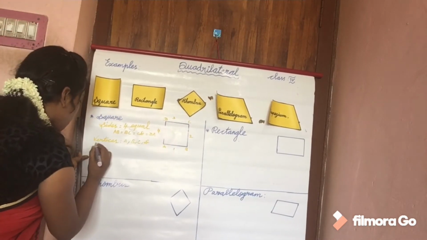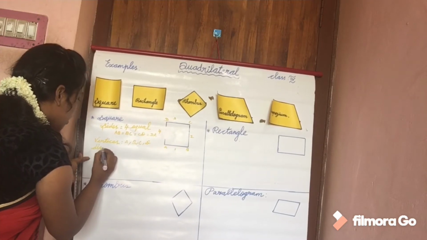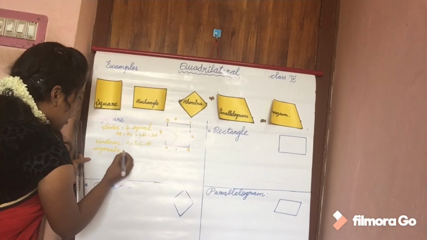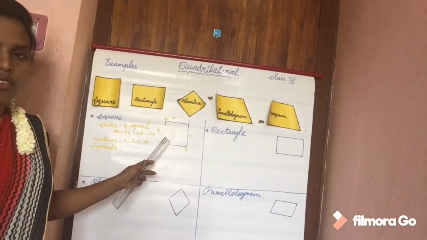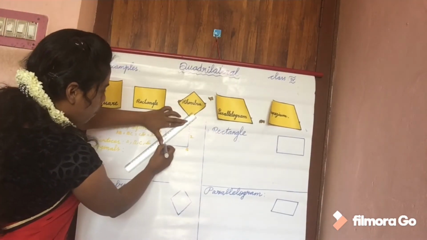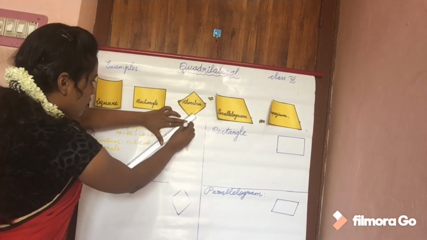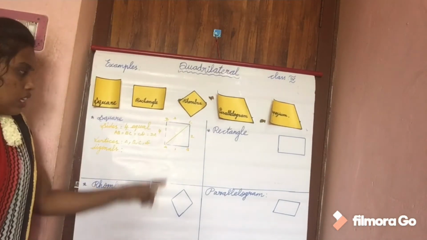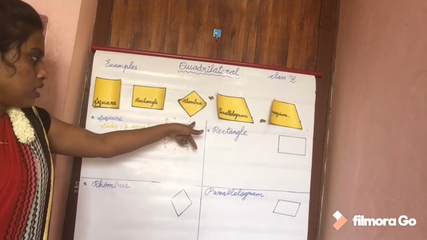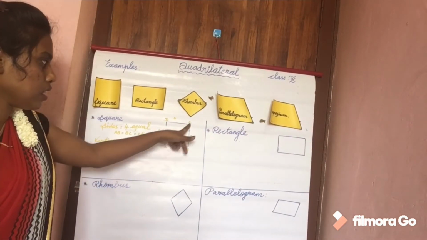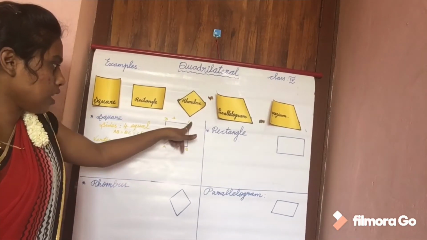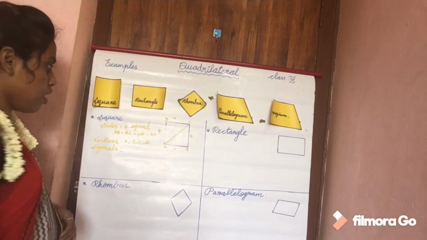Then we see diagonals. Diagonals means what? What I taught you: a line towards opposite vertices is known as a diagonal. See, for A, what is the opposite vertex? C. So a line from A to C is known as a diagonal.